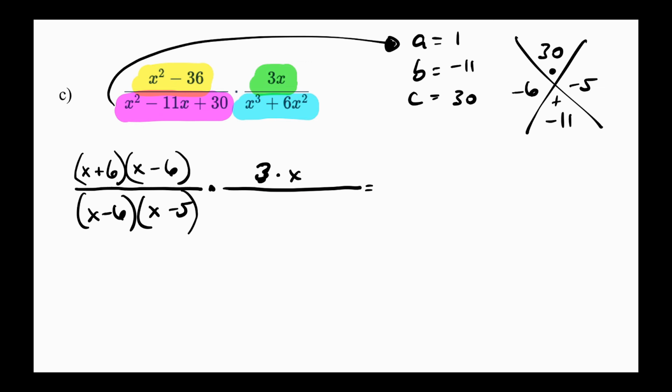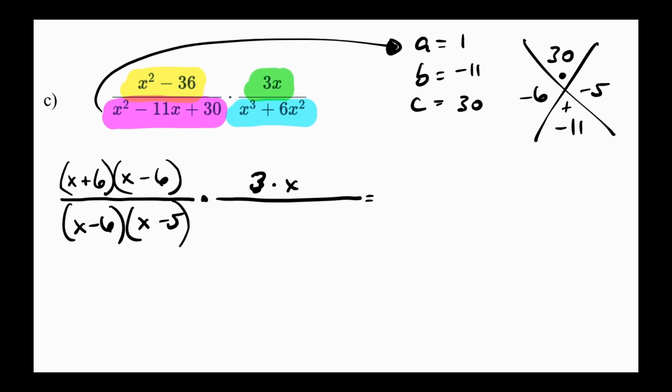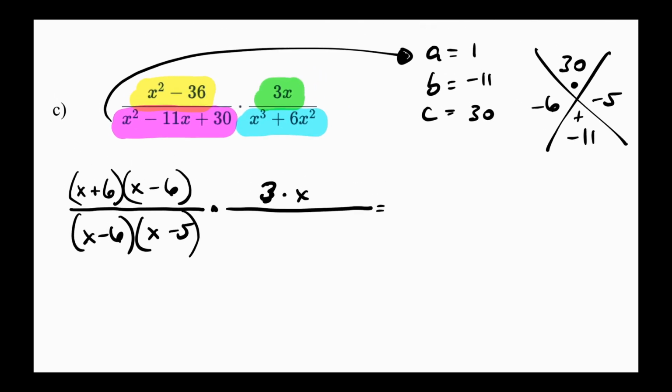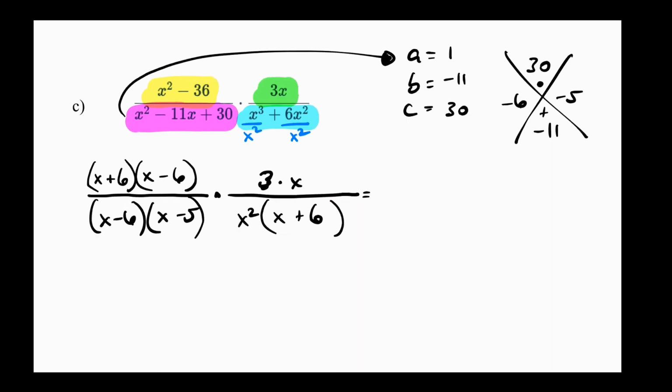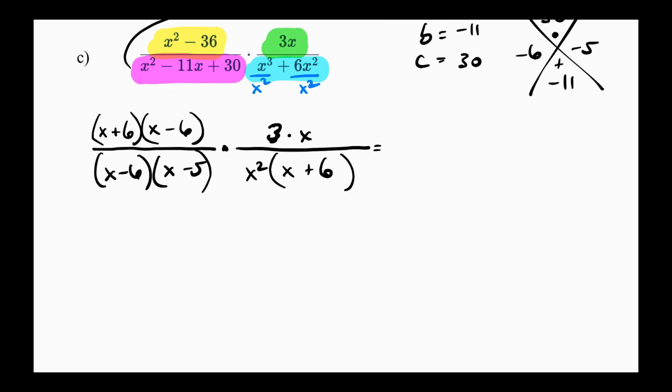Okay. Now the aqua color. The aqua color is a binomial, but this one does have a GCF. What can I divide both of these guys by? x to the second power, x squared. Good. So when I do that, what do I get left? Good, x plus 6. Okay. Heavy lifting done.